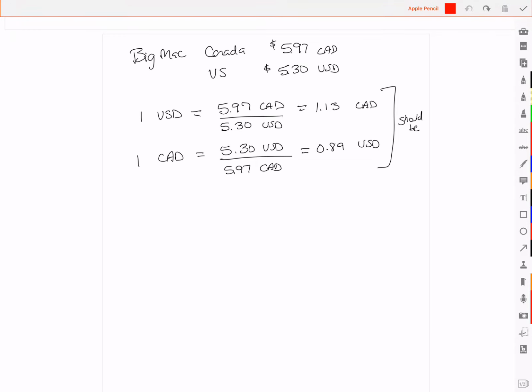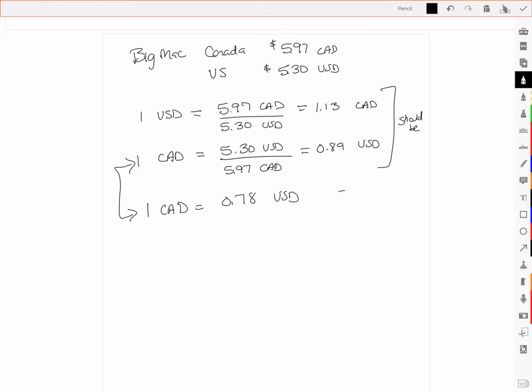One Canadian dollar equals 78 cents. Let's try that again. 78 cents US. So then we can compare the value of the Canadian dollar from what it should be to what it actually is. And when we do that, we see that the Canadian dollar is actually worth 78 cents US, so if you take your Canadian dollar and convert it into US dollars, it'll give you 78 cents for every 1 Canadian loonie.